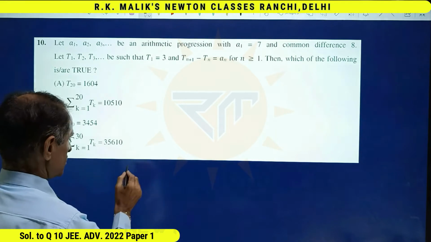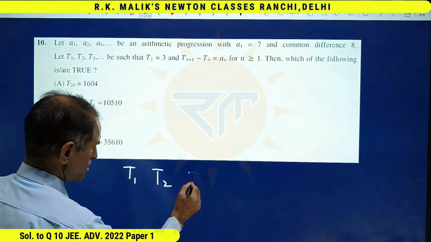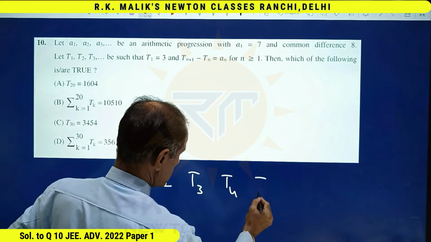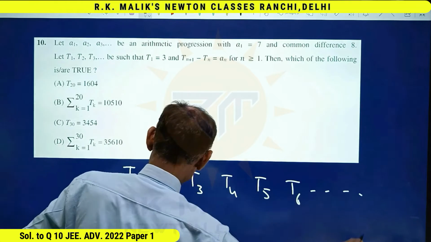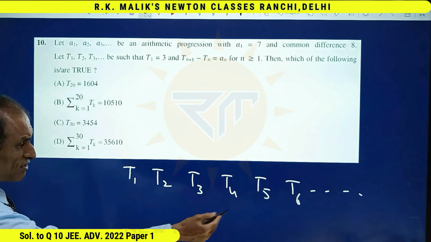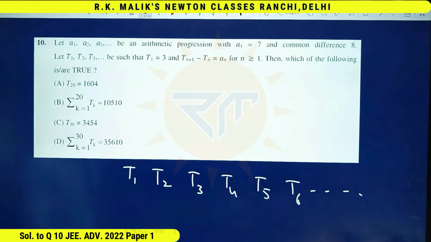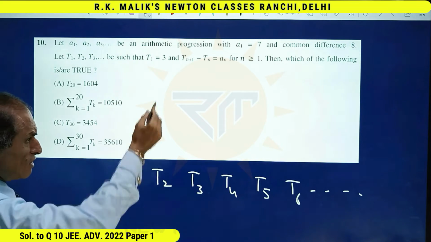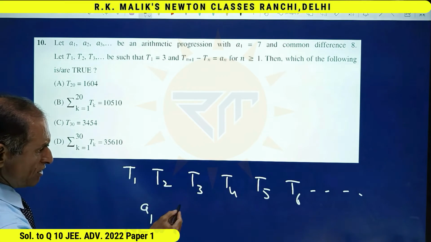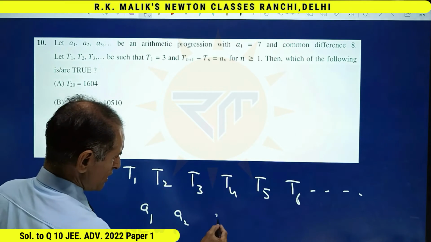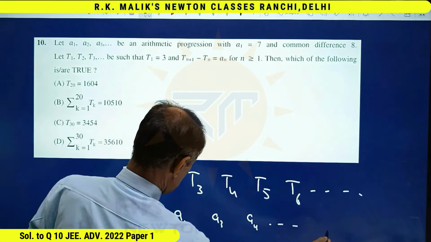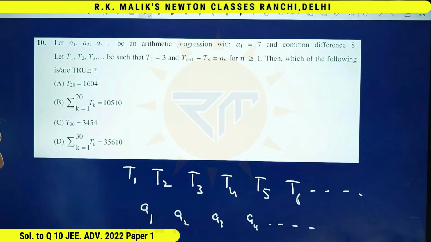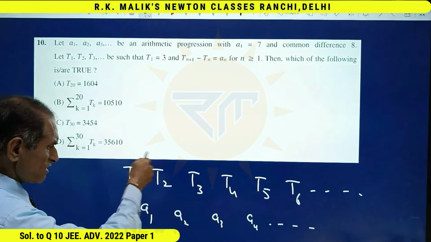That is, in this sequence, differences are going to be forming an AP, because according to this condition, it will be A1, this difference will be A2, A3, A4, and so on. And because the first difference has given me AP, it is sure that I'm going to get a second degree expression as a general term of this sequence.